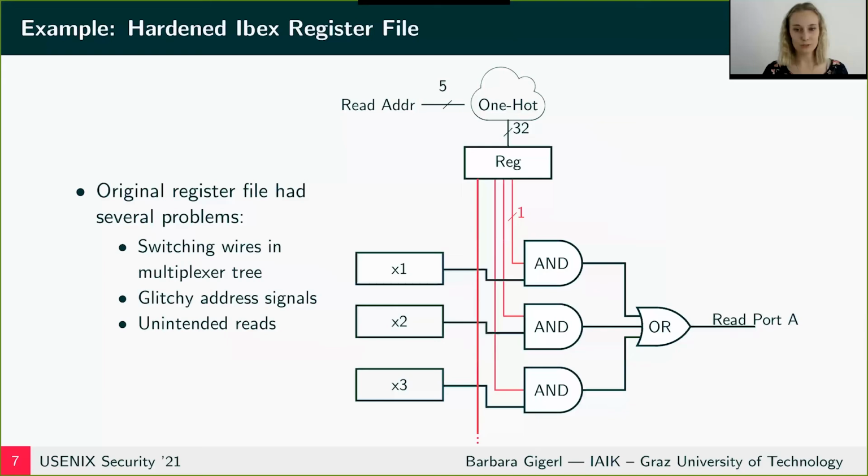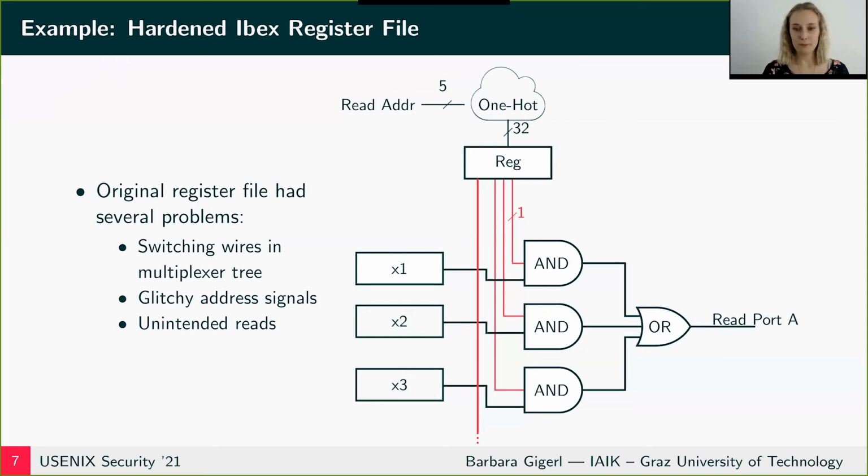Here we can see how we hardened the Ibex register file in the end. So as you can see, we replaced the glitchy read address signal by an address signal originating from a register. And we did that by encoding the read address into a one-hot vector and storing it in the register.